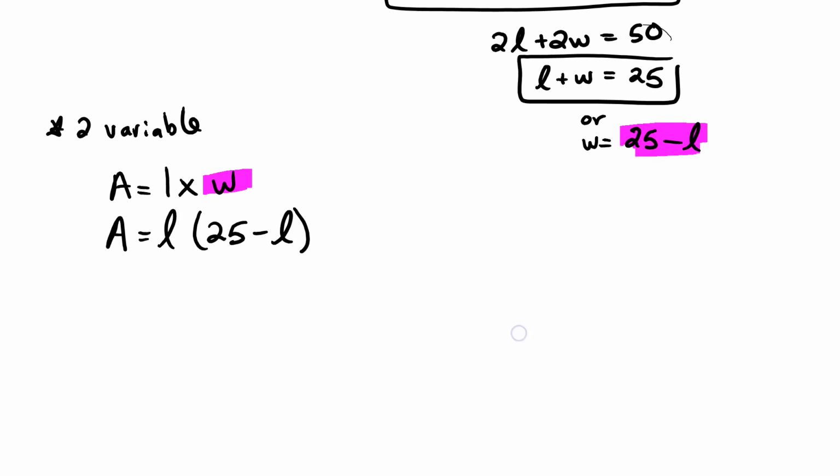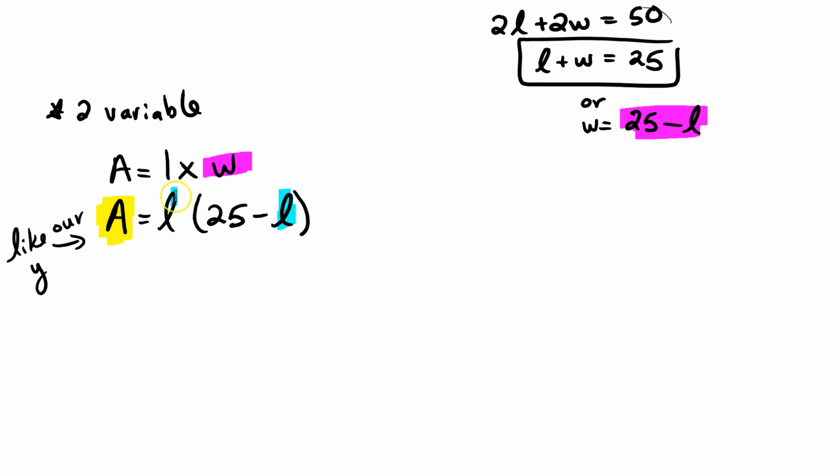So it's pretty easy. I just want to highlight a few things. This is our dependent, so this is like our y. And the L is like our x. So this is our dependent, and this is our independent.